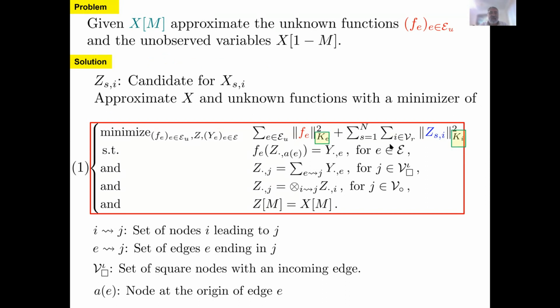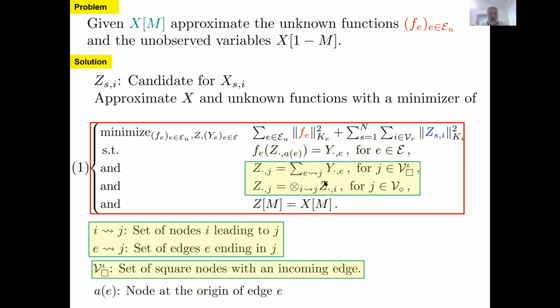The kernels and covariance matrices used to define the loss are assumed to be given a priori, but you could also learn them using empirical Bayes or some variant of cross-validation. The first constraint is defining the variables Y as the output of the functions of the graph. The second and third constraints are imposing the connectivity or structure of the graph.